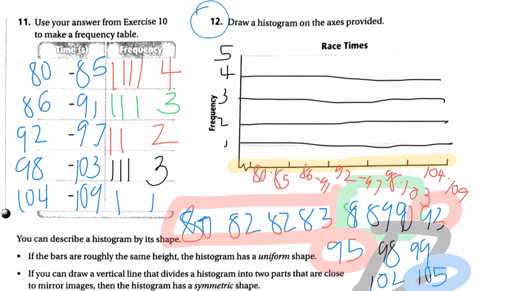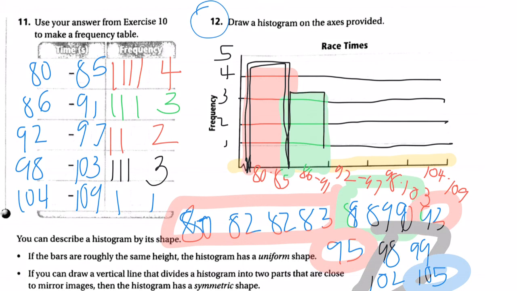So the first one was 4, 80 to 85. Second one was 3. And these aren't supposed to overlap, they're just supposed to be the same width. So if you look here, they should go up right where the interval starts to right where the interval finishes. Same thing here.